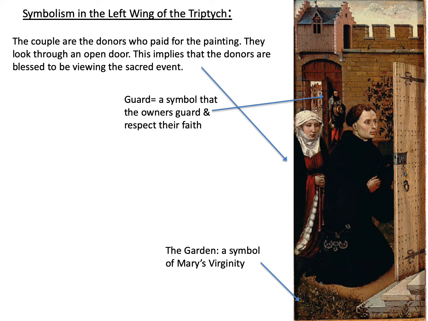We know that the donors were a very important part of commissioning art during this time period. Typically, the donors had their hands in the church, but they also had influence and say in civic things as well.